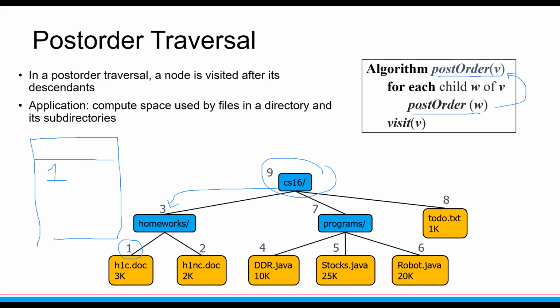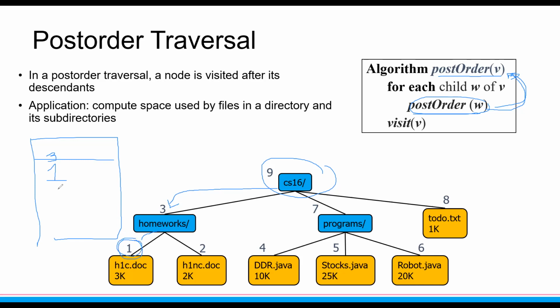And then is there any child of 3? Yes, we have 1. So after 3 we go to 1. With the post-order, we again go to this function, and then what is the next after 3? We have 1.